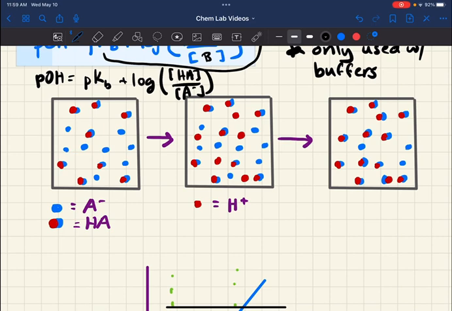Okay, so that's my solution. It's about a 50-50 mixture. It might not be exact, depending on the ratio. But let's imagine a scenario where I add strong acid.